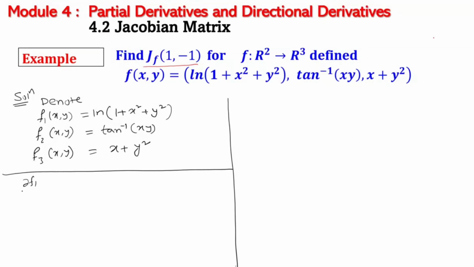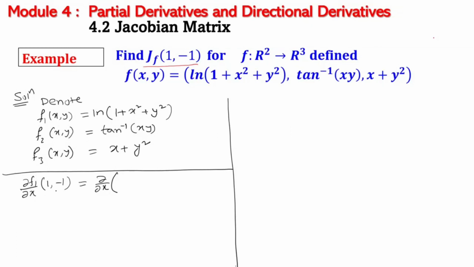So del f1 over del x at the point (1, -1).